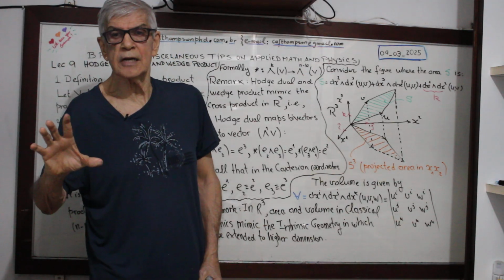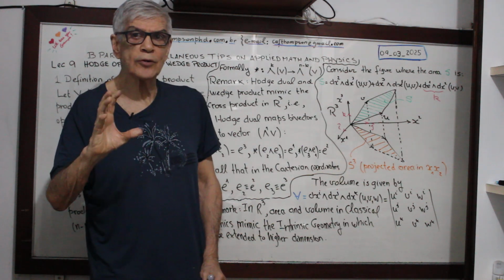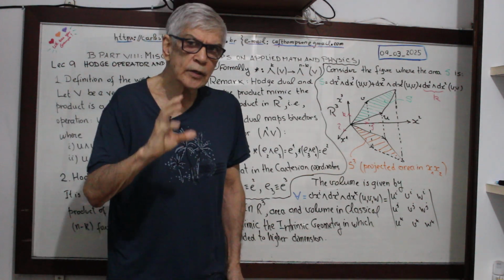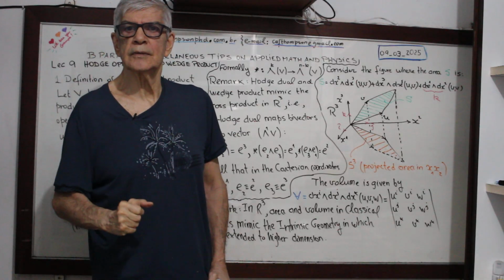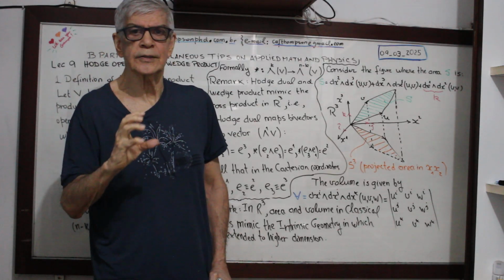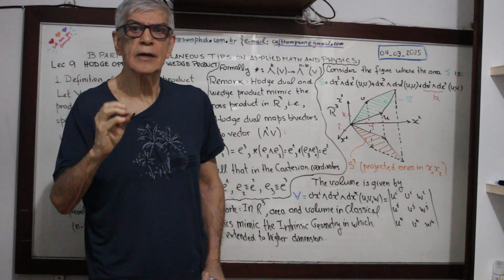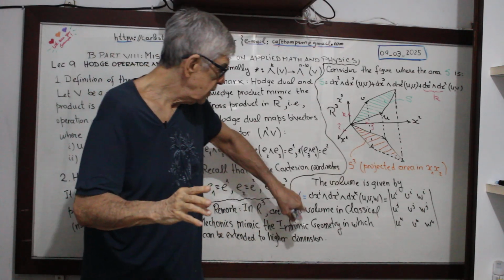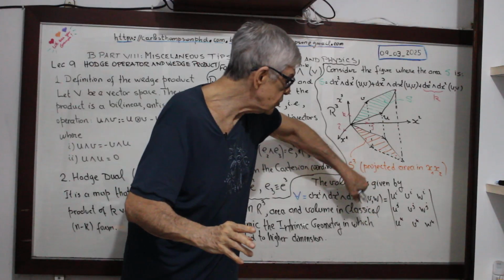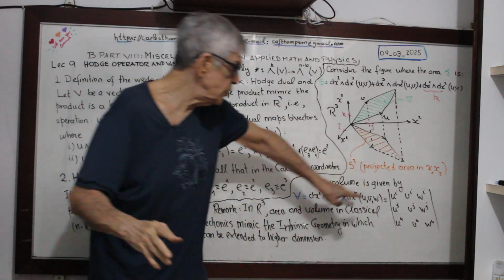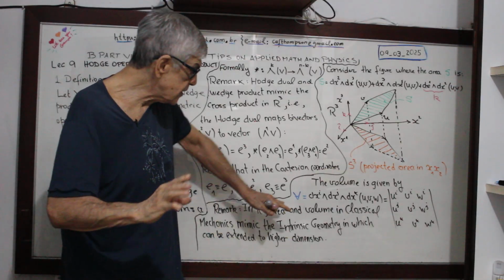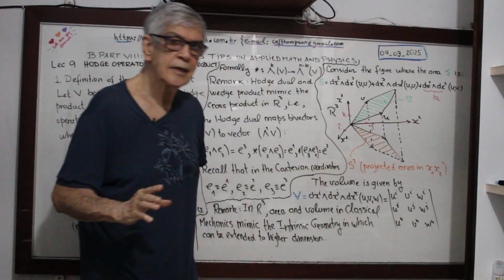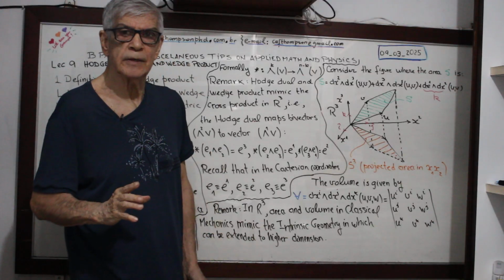Now in classical mechanics, the cross product is only applied to R3. That's very important. In R4, you don't get this unless you use a 4 by 4 determinant. The limit for R3 is a 3 by 3 determinant.